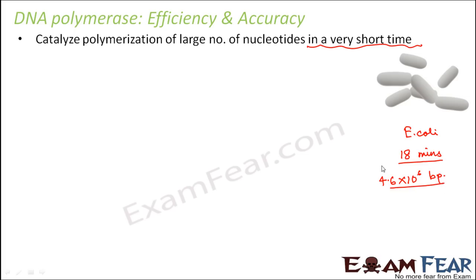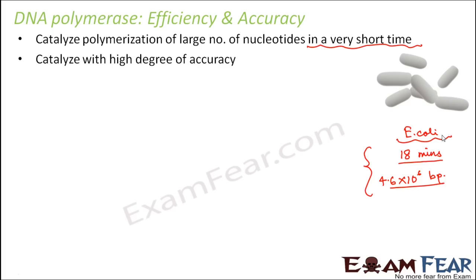If you calculate the rate of replication, it comes to around 2000 to 3000 per second. So such a high number of base pairs, 2000 to 3000, are being created in just 1 second. So it is extremely fast. The rate of replication or polymerization is extremely high.